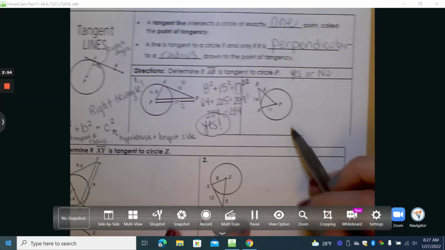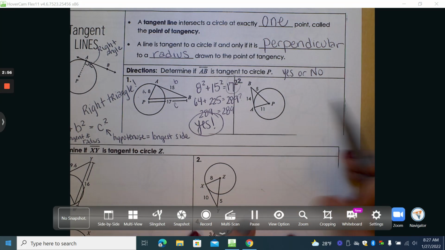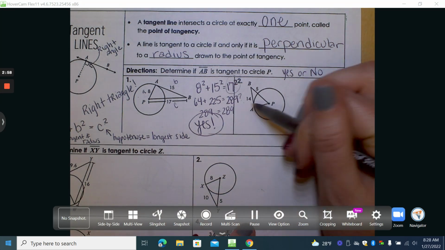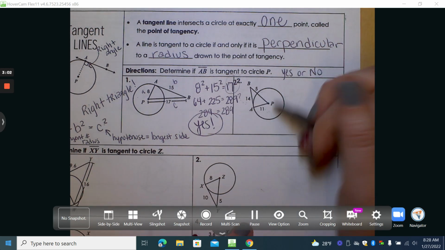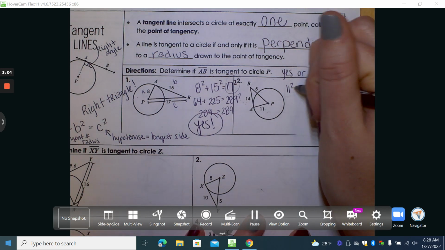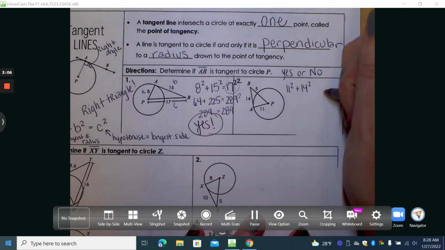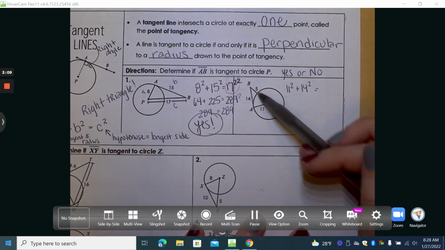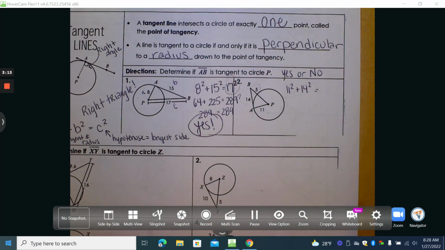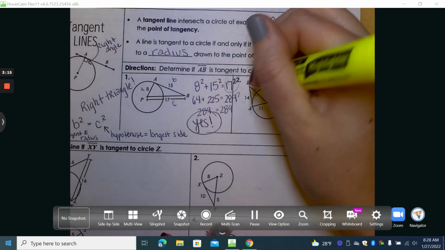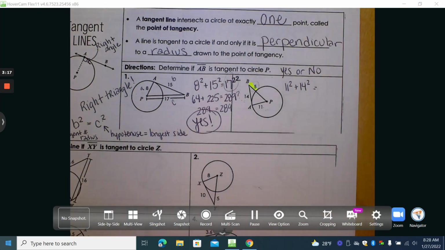Let's go ahead and check the second one, number 2. Again, my radius and my tangent are going to be my legs. So 11 squared plus 14 squared. Now, please note that this whole length is not 5. This length right here is 5.